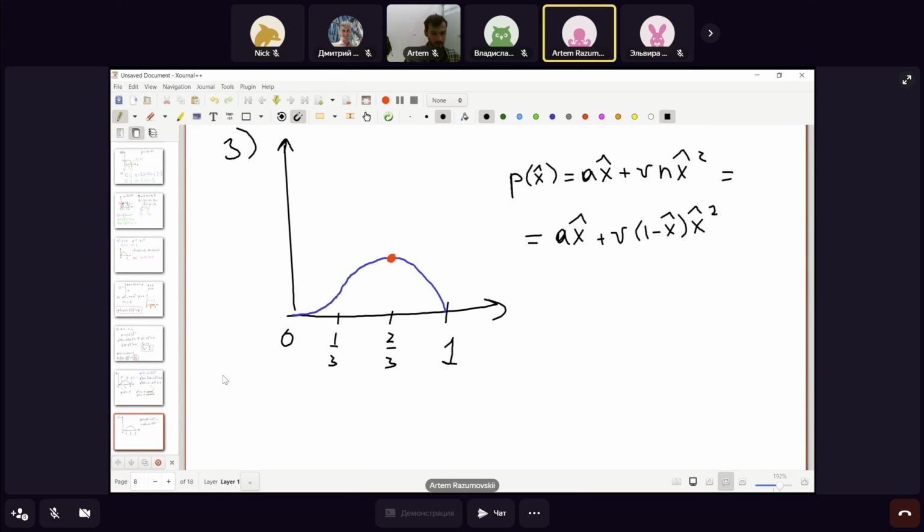And we need to understand how different it will be. So firstly, what we need to do again, let's say, we should find first and second derivatives, so that we find the maximum point, right?